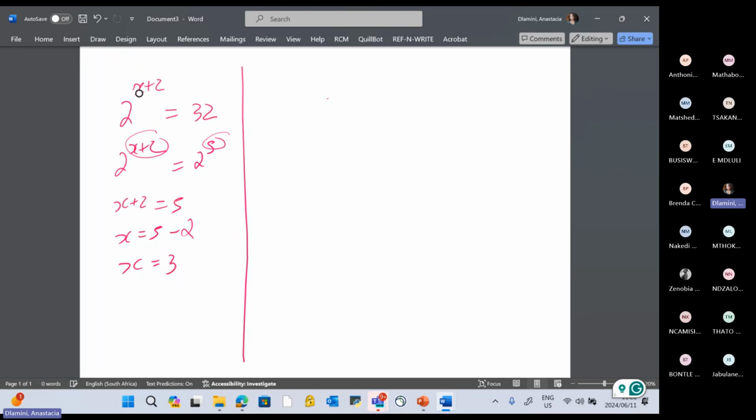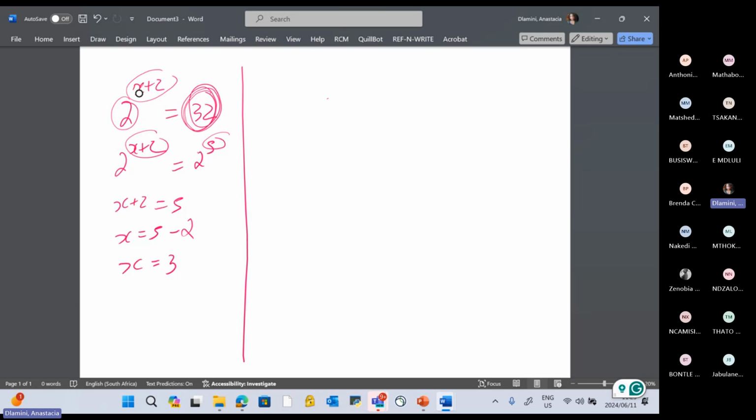Now, the second method is the one that we are currently learning. That one helps because even if we don't know how to raise the number on the right-hand side to the power of something, such that the bases are the same and we can only equate the exponents, logarithm helps us to do that.